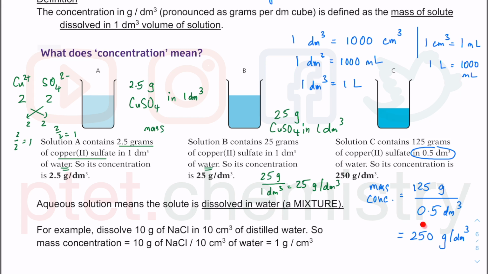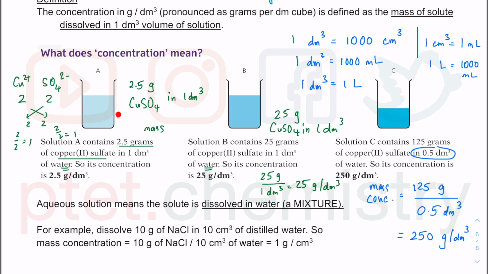As you can see, this is more concentrated than this because it has a lot more of that solid dissolved in that amount of solvent or solution. Compared to this, it is 10 times more concentrated. This is also 10 times more concentrated than this. This has been represented by the color of the solution. Later on, you will learn that copper 2 plus in solution is actually blue in color, a blue solution.